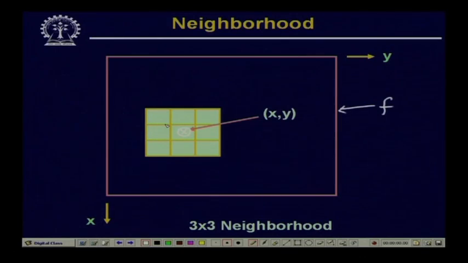Now, in case of point processing, the neighborhood size that is considered is 1 by 1. So, the neighborhood size of a point in case of point processing is 1 by 1.